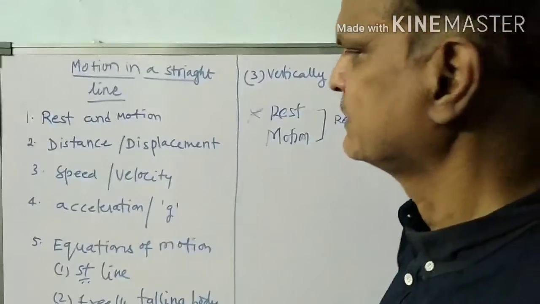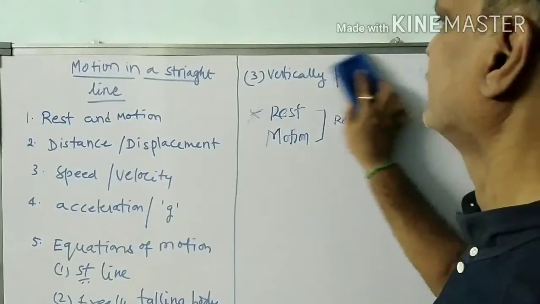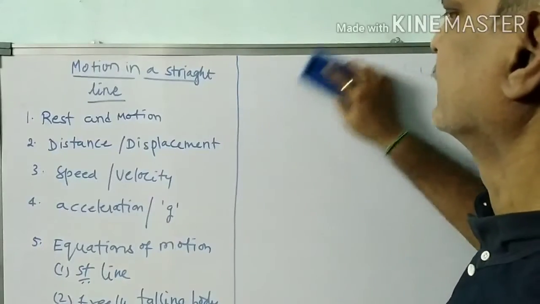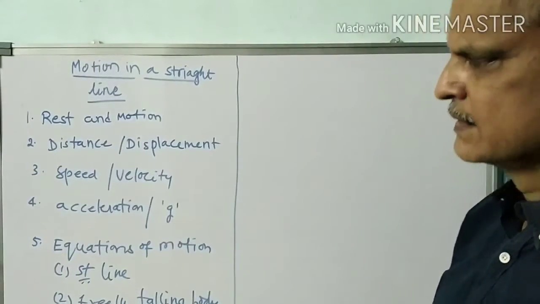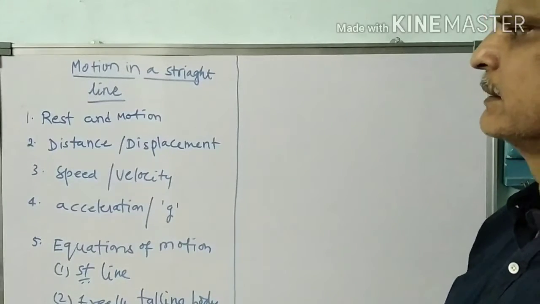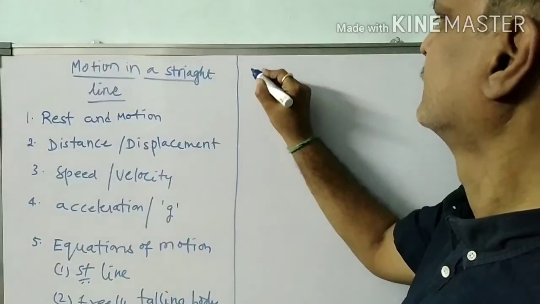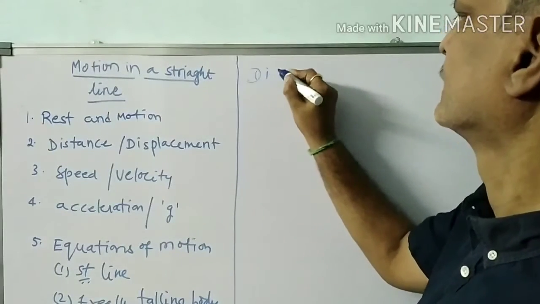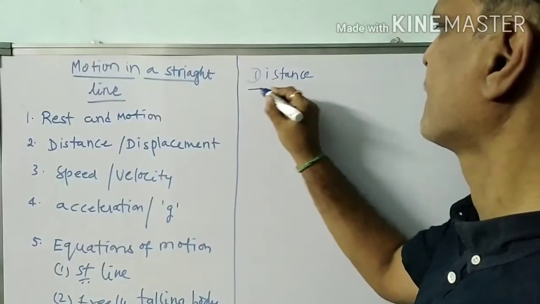Now the second important point in motion in a straight line is distance. Distance is the actual path covered by a body.